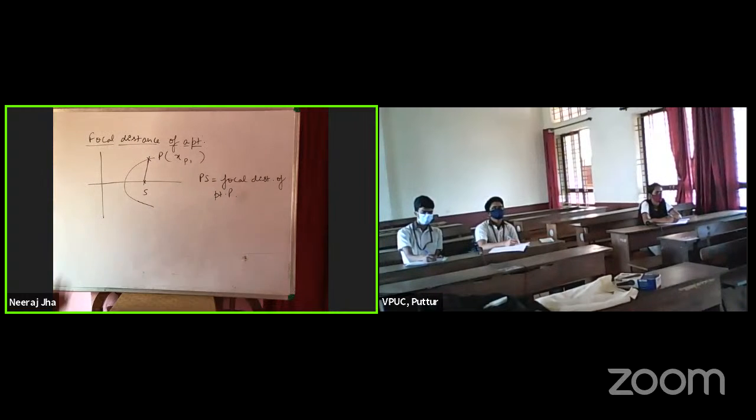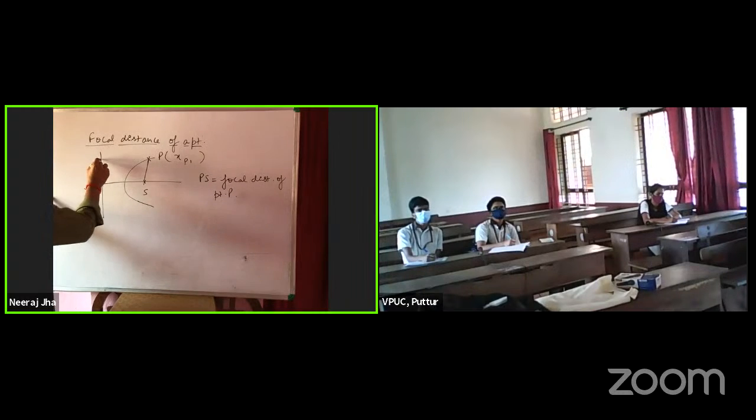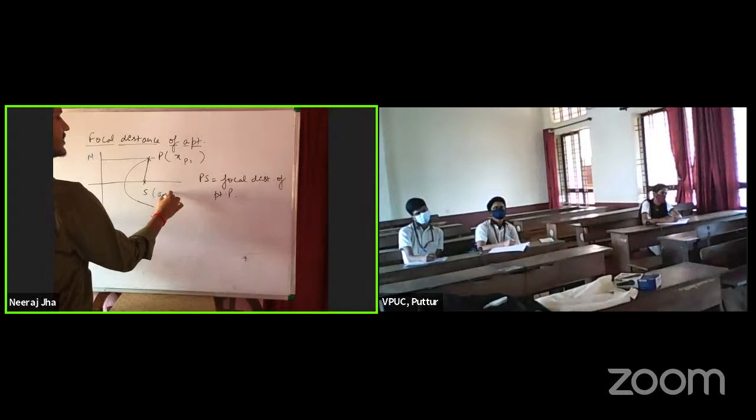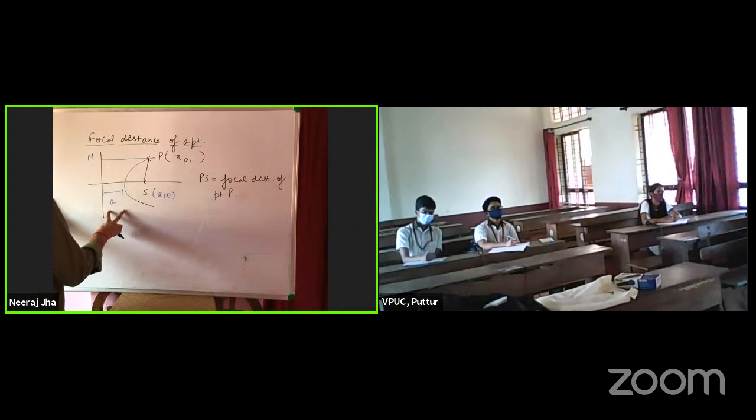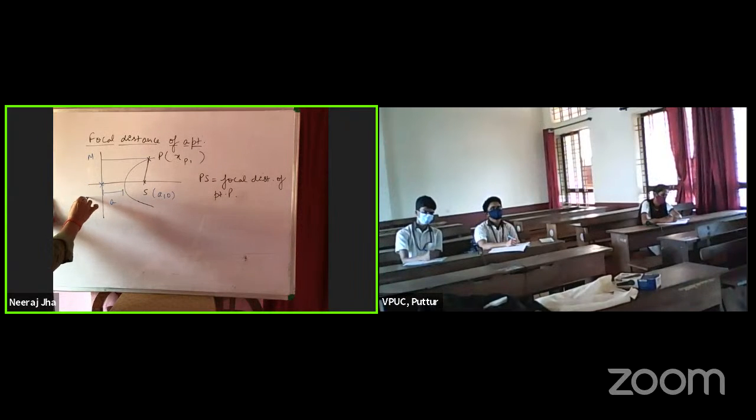And if I make this a directrix, getting my point? If I make this the directrix, PS is equal to PM. This is a comma 0, and this particular point is at a distance of a units from this, that is minus a comma 0.